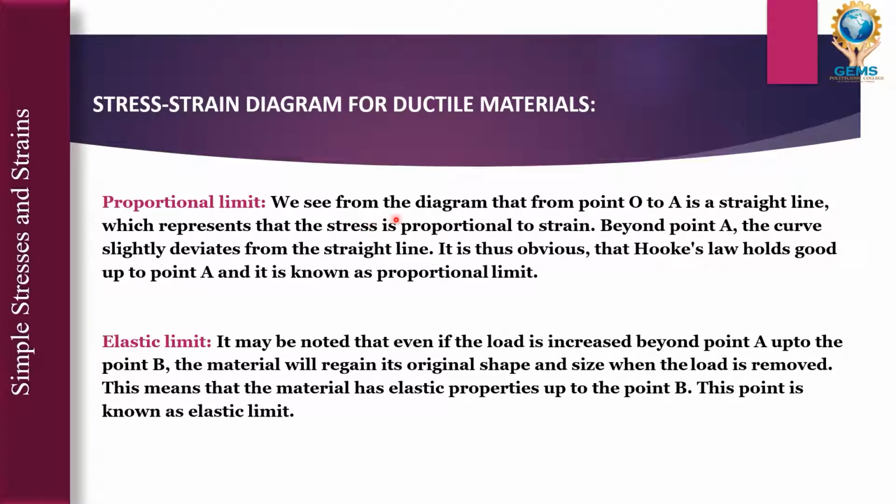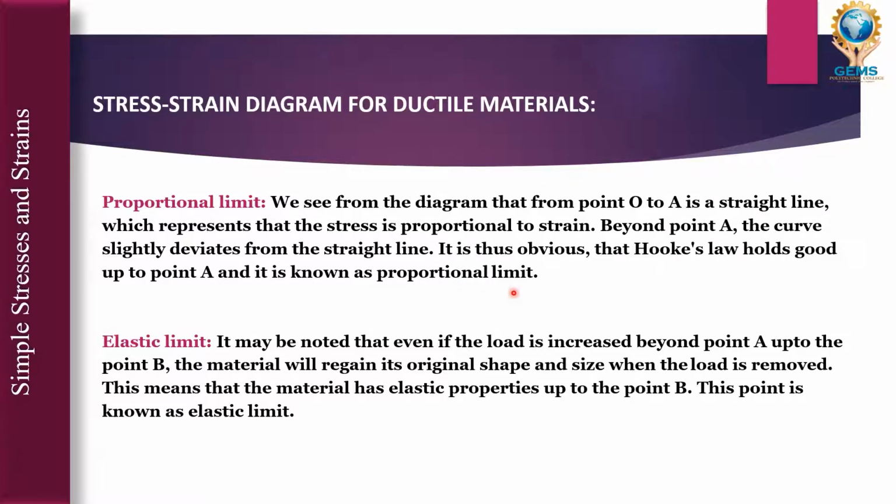Actually, we see from the diagram that from point O to A is a straight line, which represents that the stress is proportional to strain. Beyond point A, the curve slightly deviates from the straight line, and it is thus obvious that Hooke's law holds good up to point A, and it is known as the proportional limit.